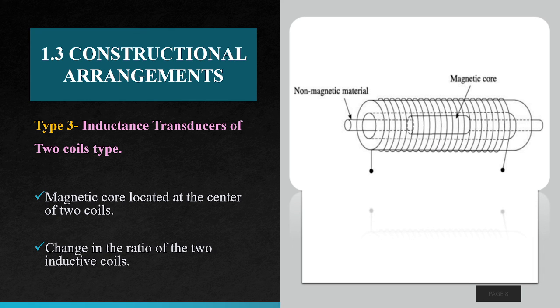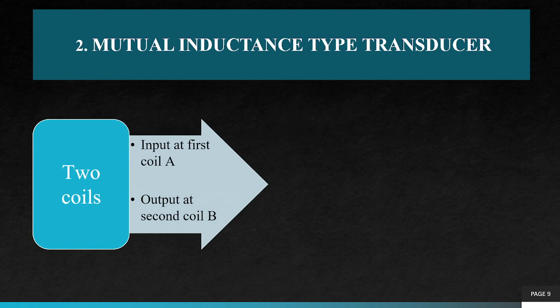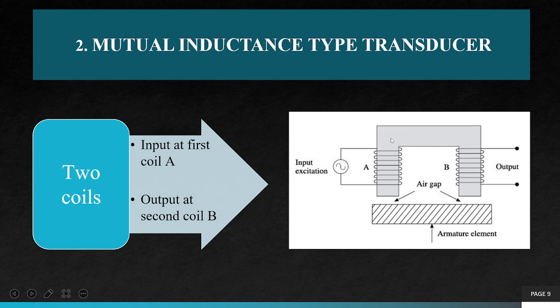In functional type, we saw the first one, self-induced. Now we'll see mutual inductance type transducer. It is nothing but two coils, that is input at first coil A, output at second coil B. You can see here, this was the first type, in a rectangular medium where the coil is wound. But here it is wound on both sides, where A is considered as the excitation input and B is the output coil.